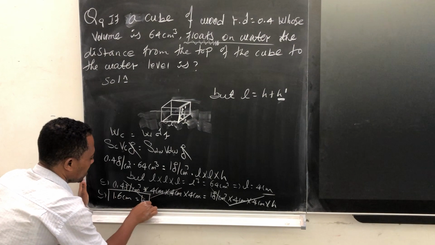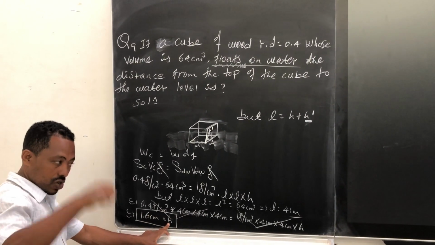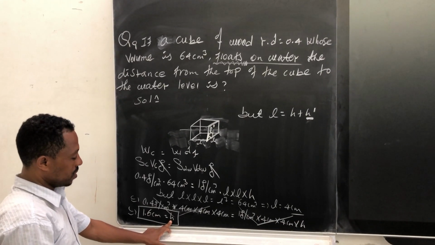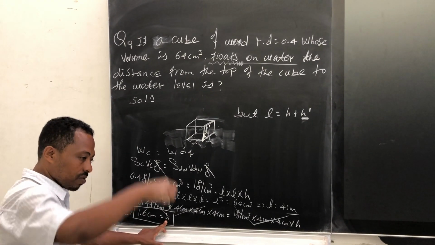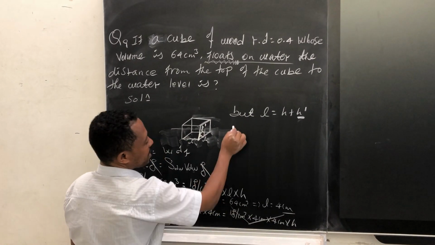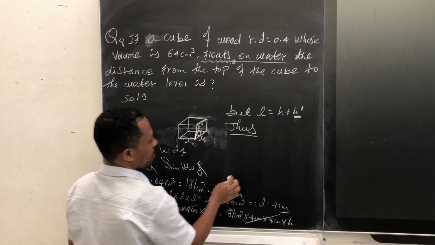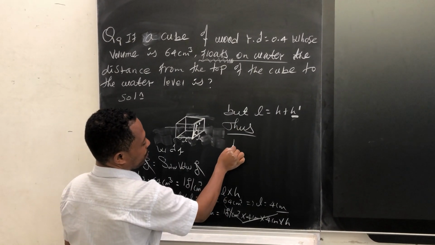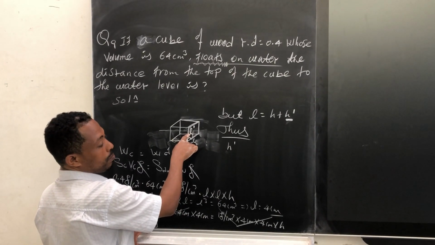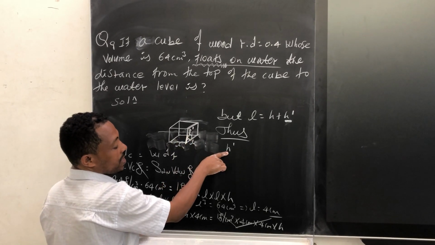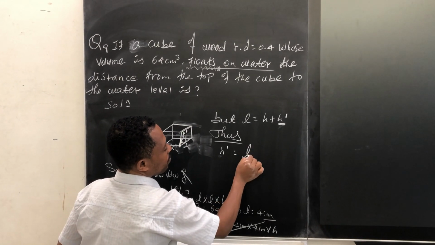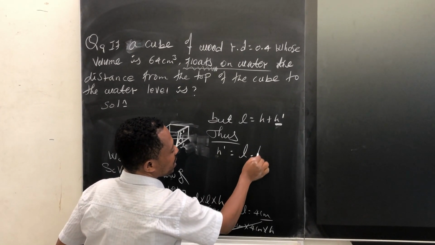Great. This is the height of the submerged part, or the depth of the submerged part of the cube. Now h prime becomes, h prime is the height which is never submerged, or the height above the water, which is simply L minus h.